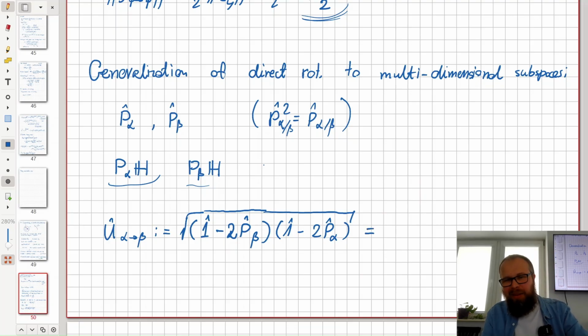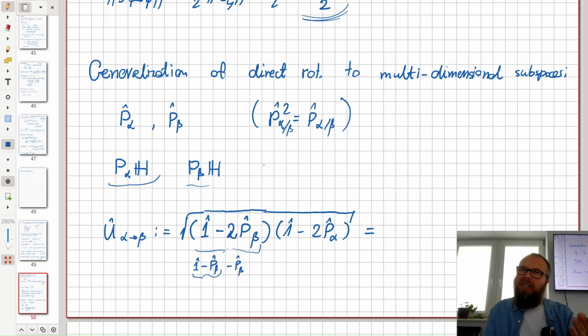Let me introduce a special notation, because I can break this down into 1 minus P beta minus P beta. This operator is also a projection operator, but on the complementary subspace.